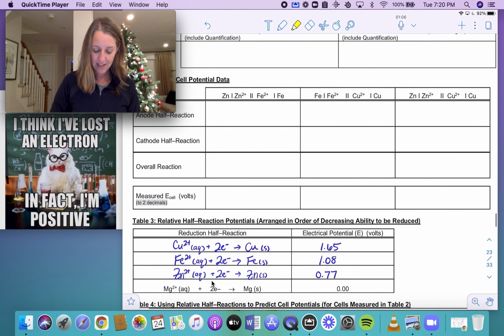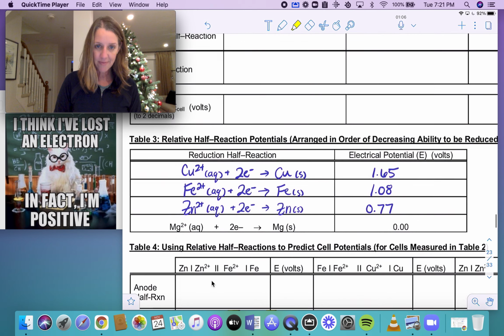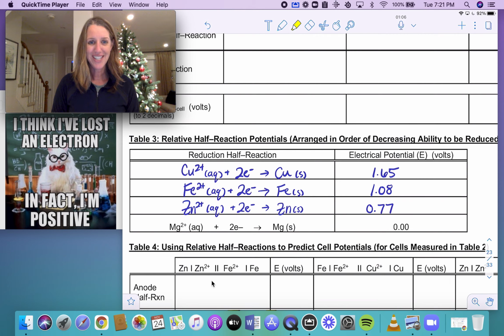We would have taken these values, and then one of the questions in the lab tells you to arrange them in order of decreasing ability to be reduced. Because for another calculation question, we were comparing all of those to magnesium, and those were the values that you got. So if magnesium had an E0 value of 0, what could you say for the other half reactions? This is just a lab question.